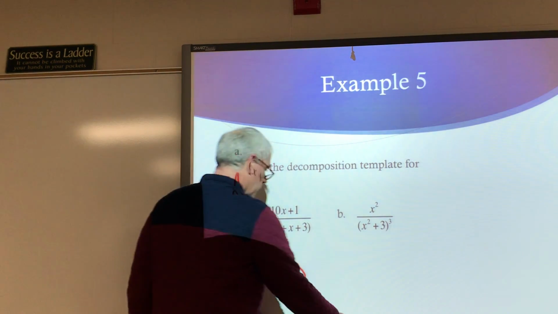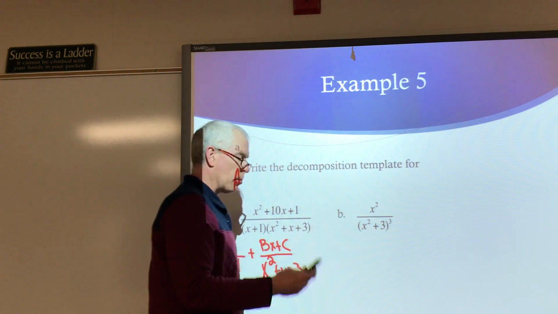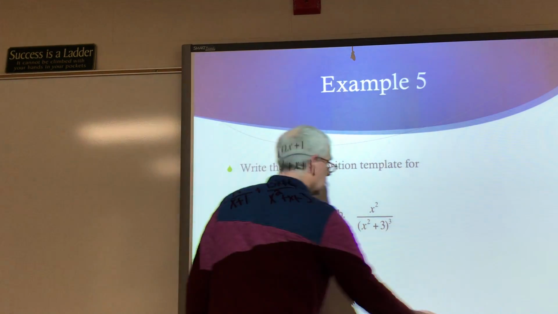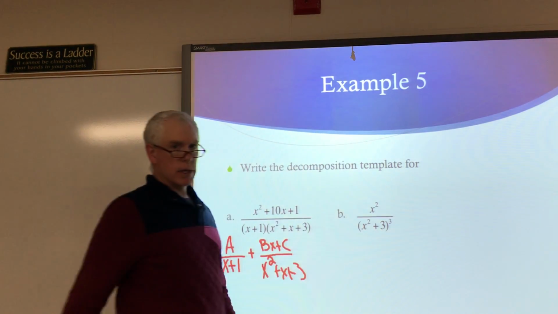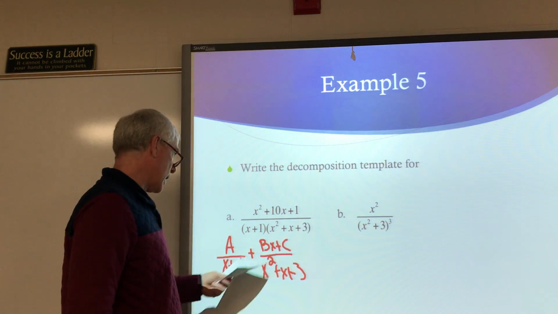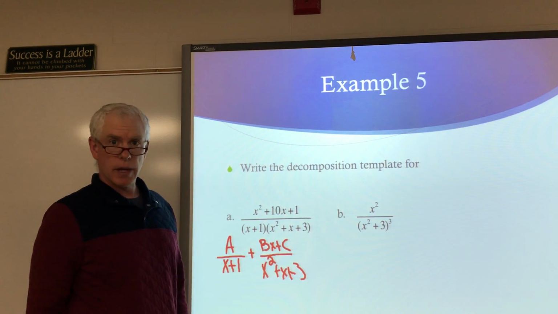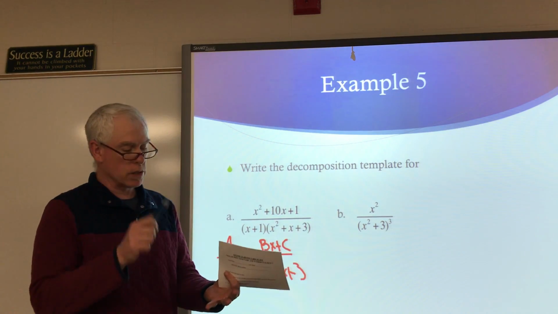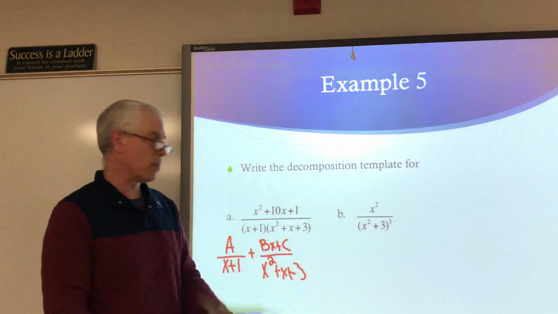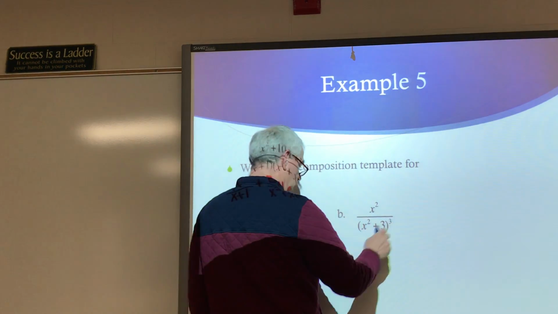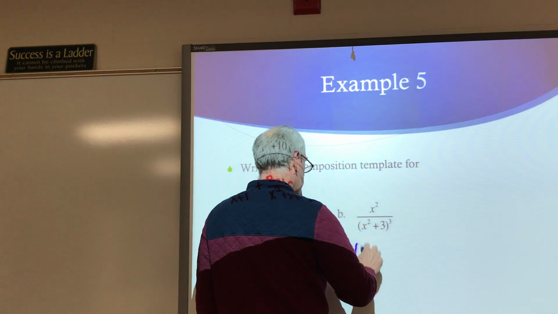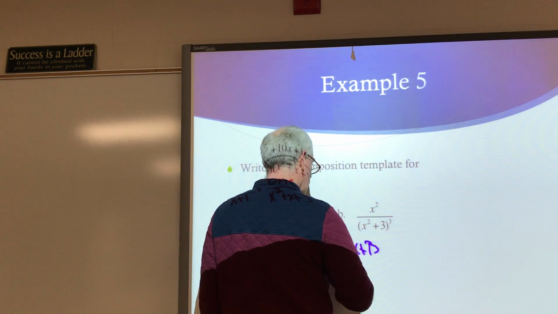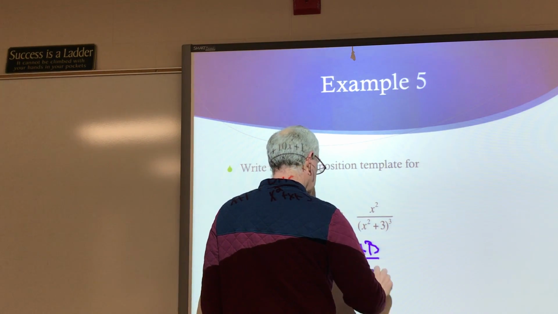For part B, you've got a couple of things going on here, you guys. That x squared plus 3 is irreducible, so I've got a quadratic, which means something x plus something. But it's to the third power, which means I need 3 different ones. One to the first, one to the second, one to the third. So for the first power, I'm going to have an ax plus b, and then over x squared plus 3.